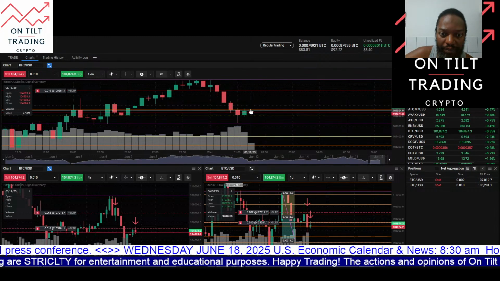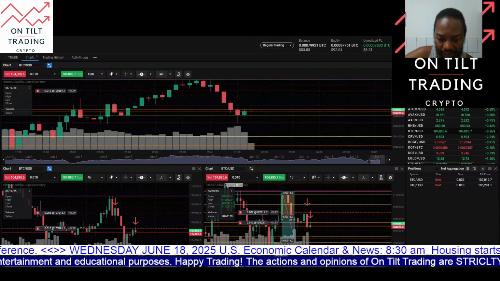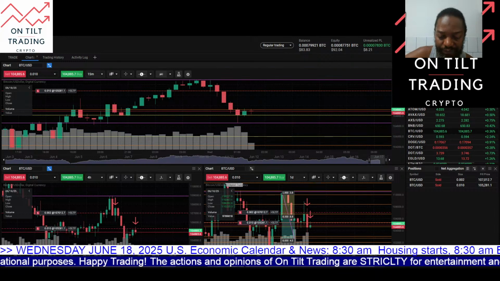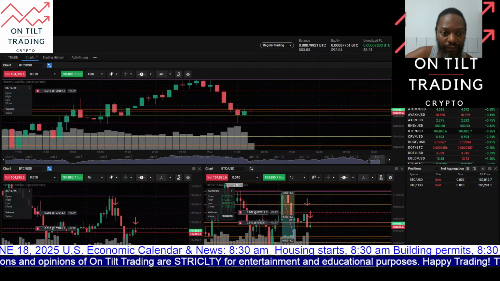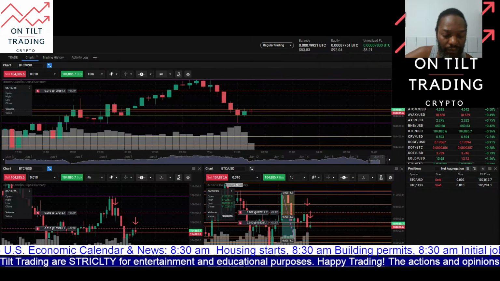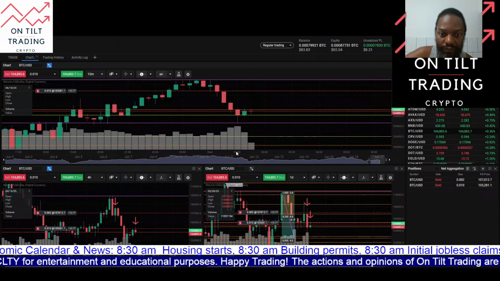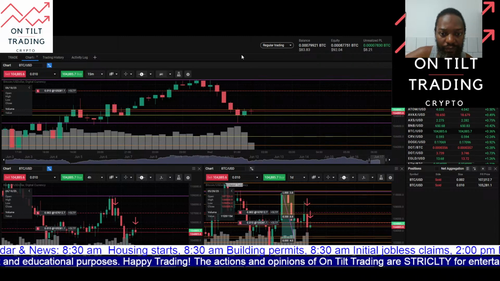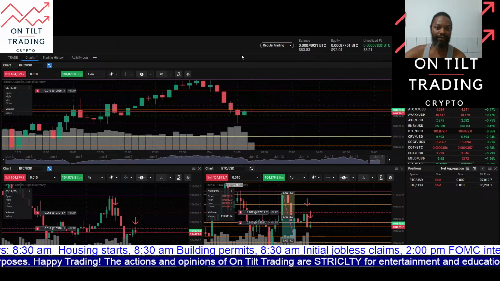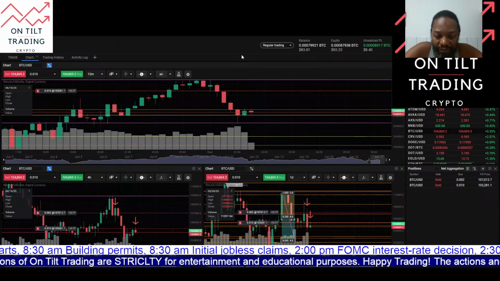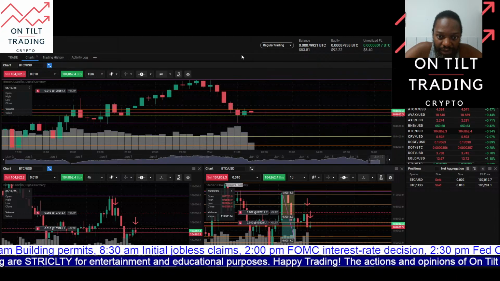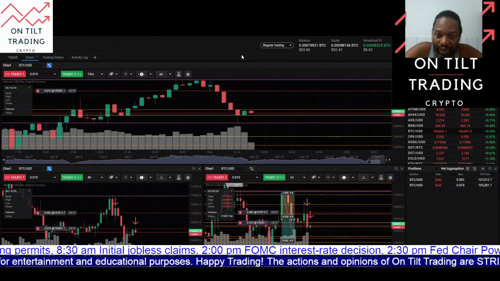I just need the price action to occur at the reactionary level. So now I have my stop loss in place, I have my entry in place, and now I have my target in place.